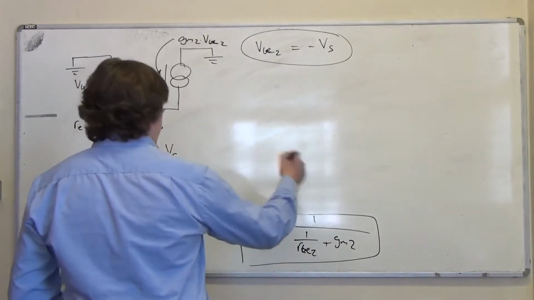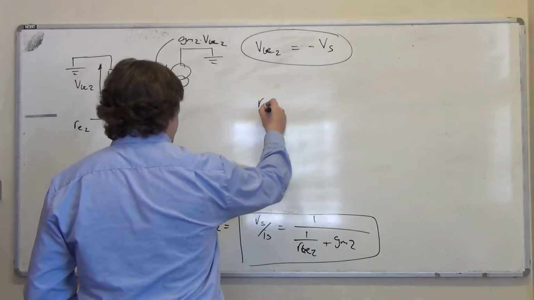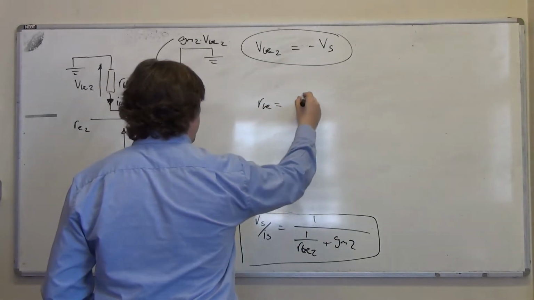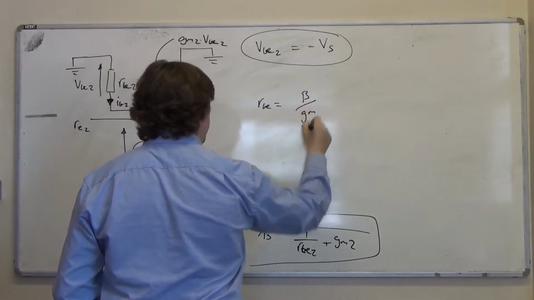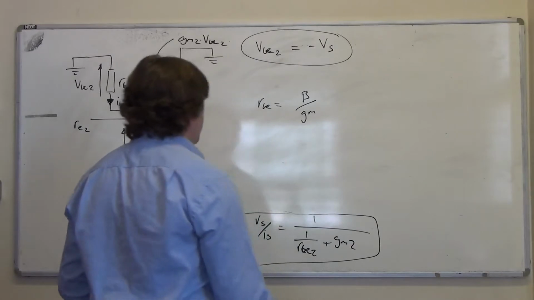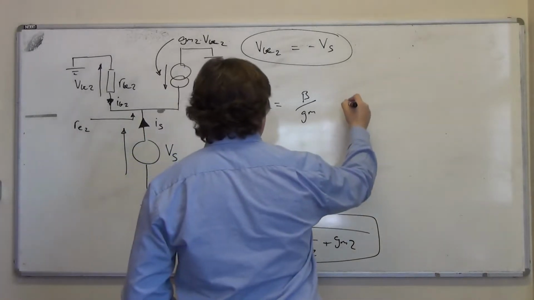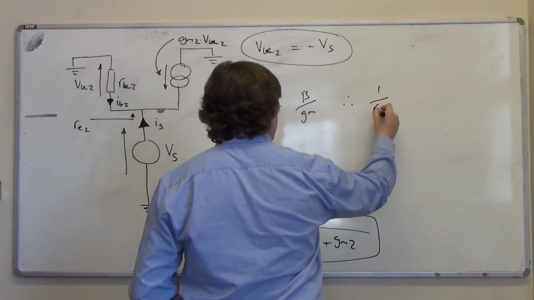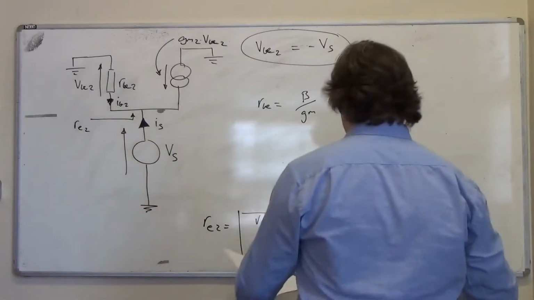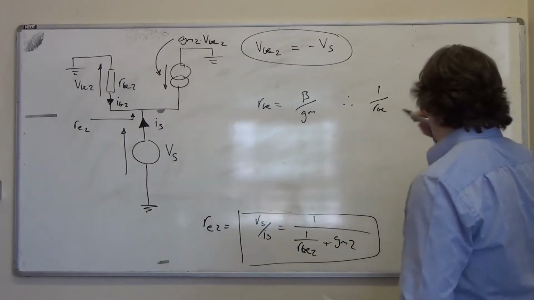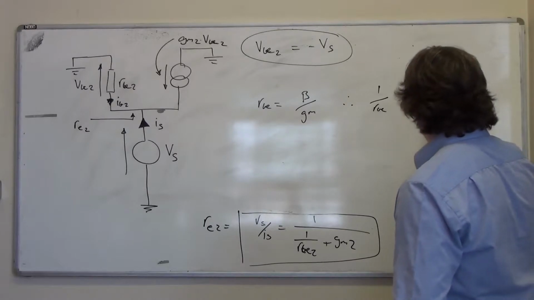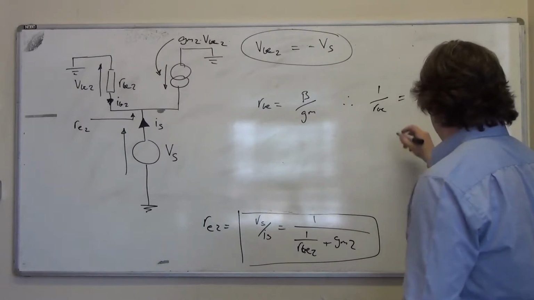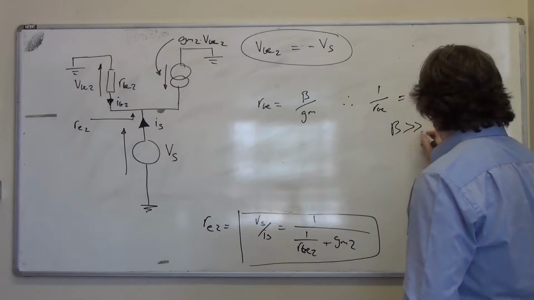So we know that RBE is beta upon GM, I hope, from before. So that means that 1 over RBE, any old RBE, I know it says RBE2, but any RBE really, is GM over beta. And we know that beta is almost always much, much bigger than 1.